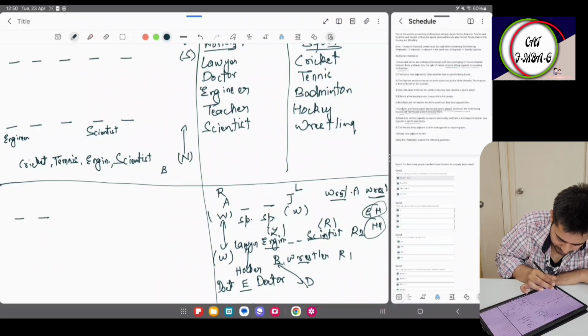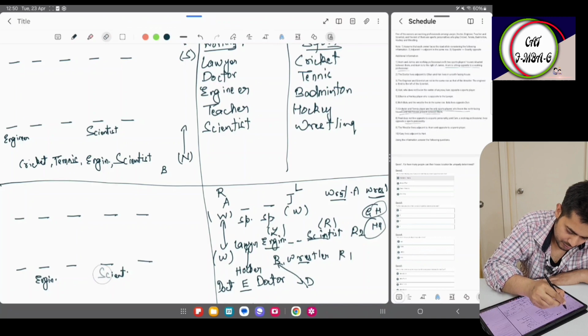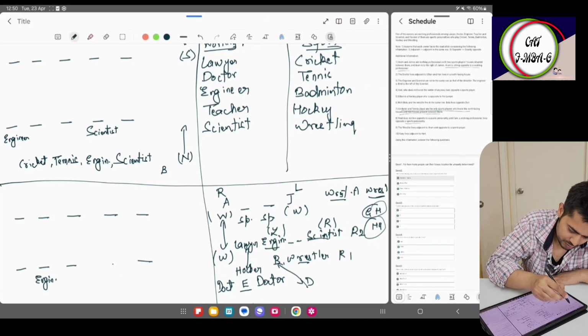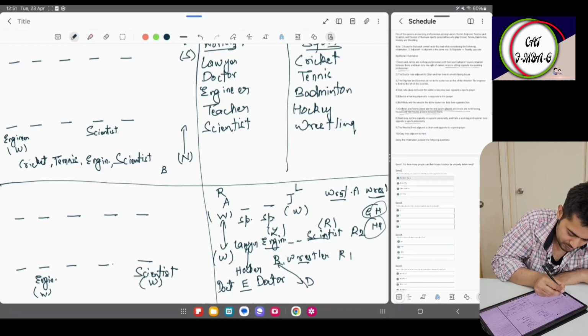One condition can be like this: 1 2 3 4 5, 1 2 3 4 5, engineer and scientist, and two people are between them. So this is working, this is also working professional, this is also working professional, this is also working professional.